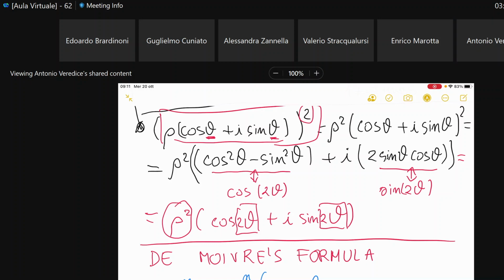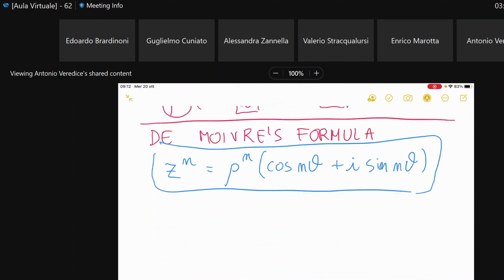So rho to the n times cosine of n theta plus I sine of n theta. And this is the formula we will use to compute the power of a complex number.